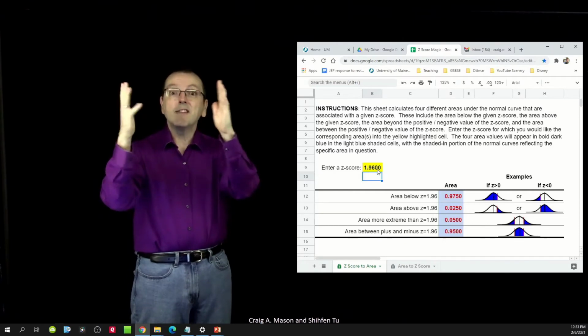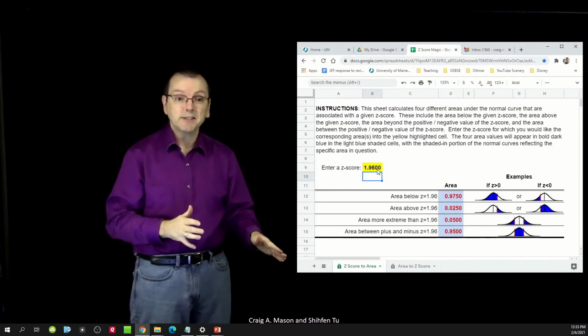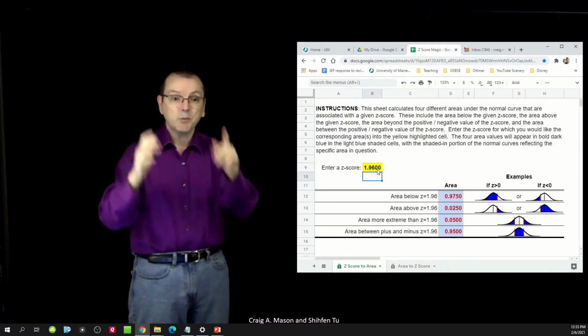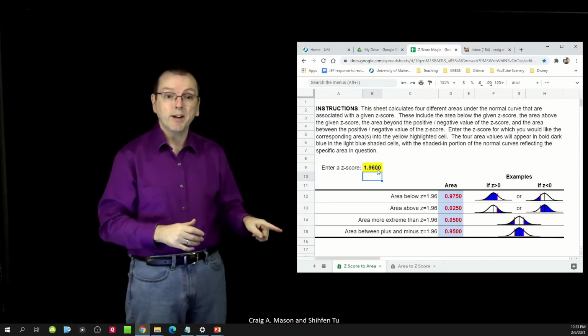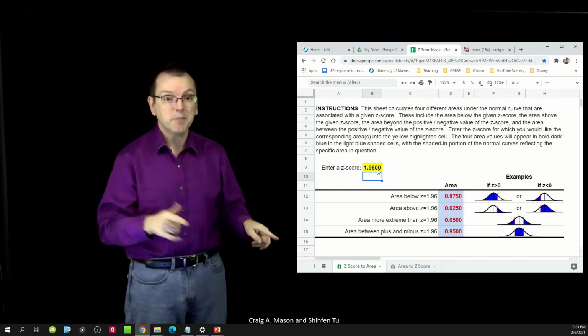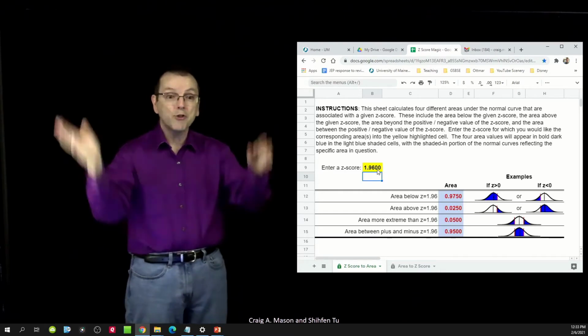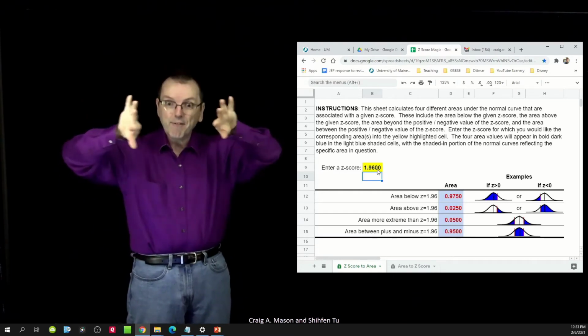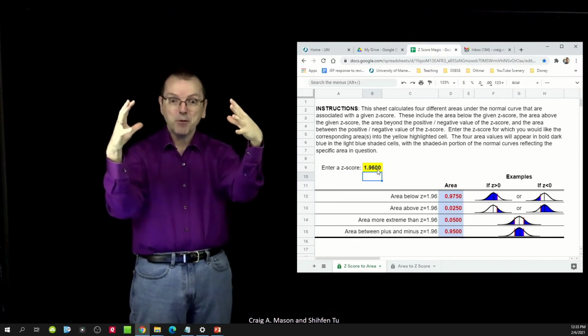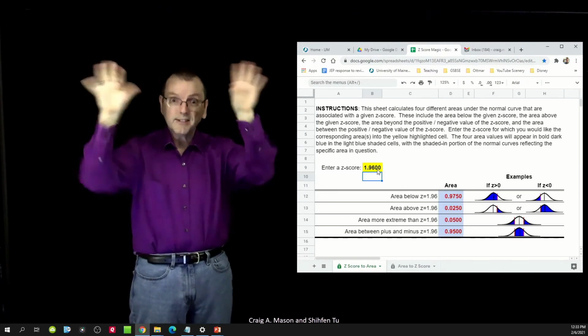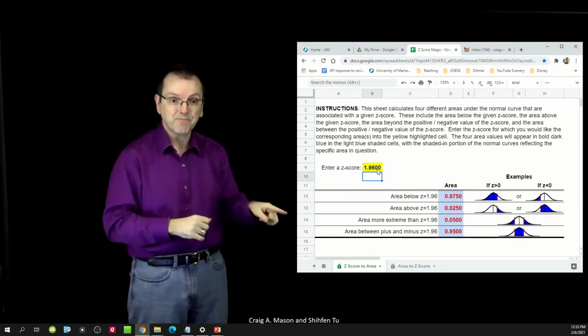The area between plus and minus 1.96 is 0.95. Z to remember, right? The area more extreme is that 5%. If 95% is bound by the 1.96, 5% is more extreme.